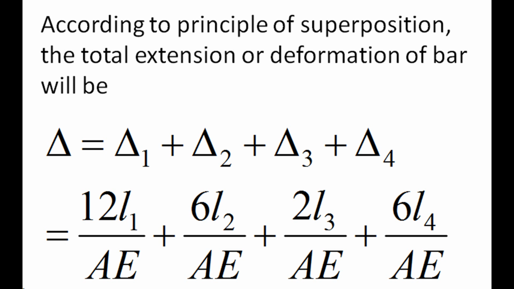So the total extension of that bar will be equivalent to 12 L1 by AE plus 6 L2 by AE plus 2 L3 by AE plus 6 L4 by AE. So this was the total extension of the bar. So we can easily describe the principle of superposition with the help of this example.